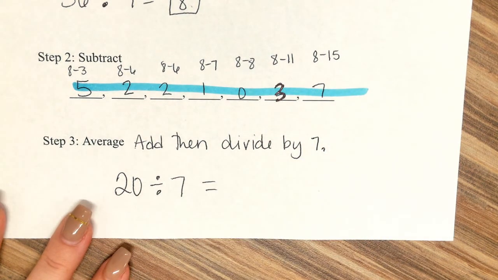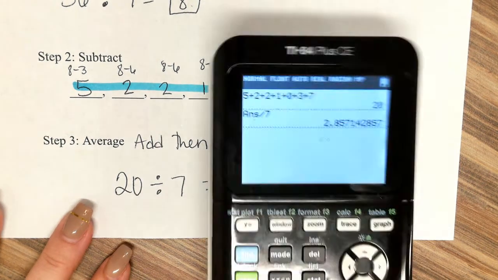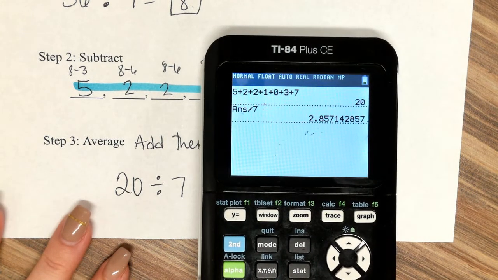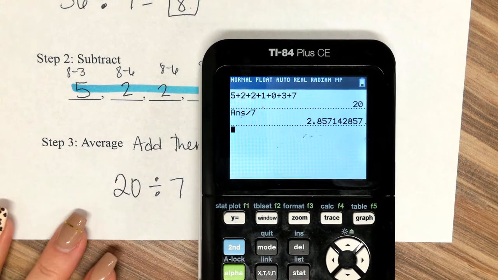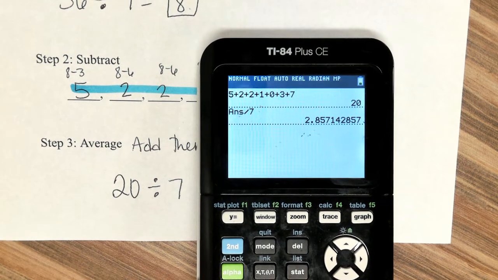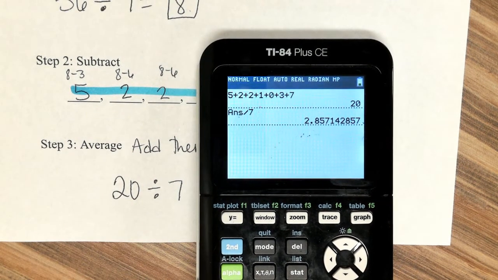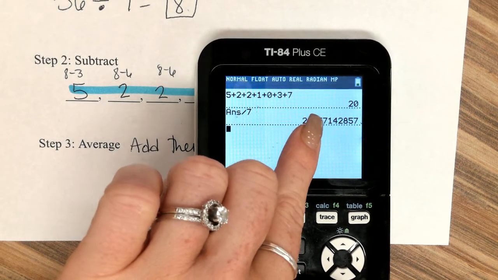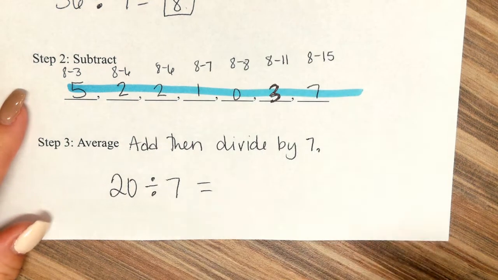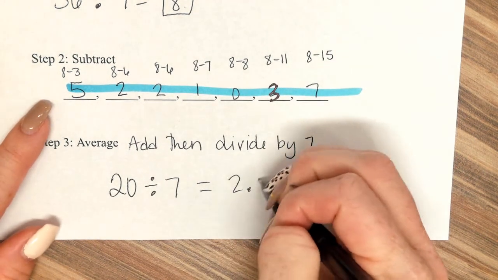And 20 divided by 7 is, and here's where you can round. Just pick the closest answer. So it'd be like either 2.9 or 2.86, depending on how they round. They're probably going to round to the hundredths place. So 2.8, and that 5 would become a 6 because the 7 is big. So 2.86.